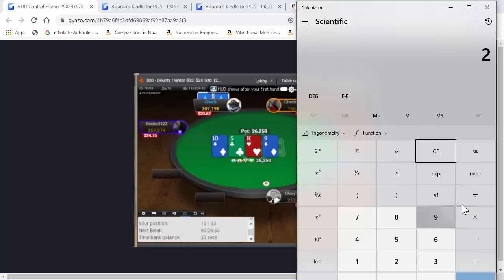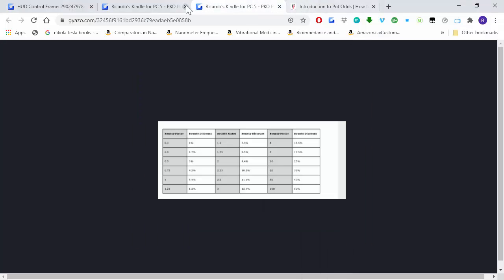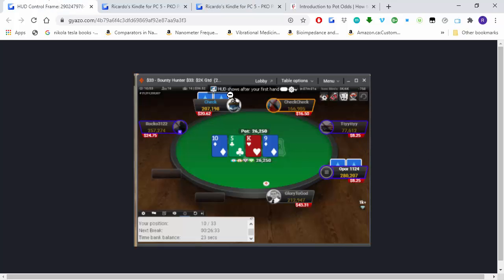So let's go. He's got 2 starting bounties divided by 3.33 starting stacks, 0.6 bounty factor. And it's 3% discount, just a tiny bit. This guy has 2.5 bounties and 4 times starting stack.